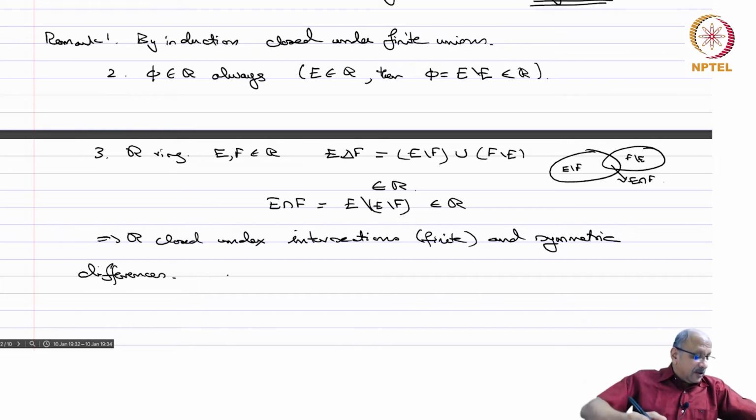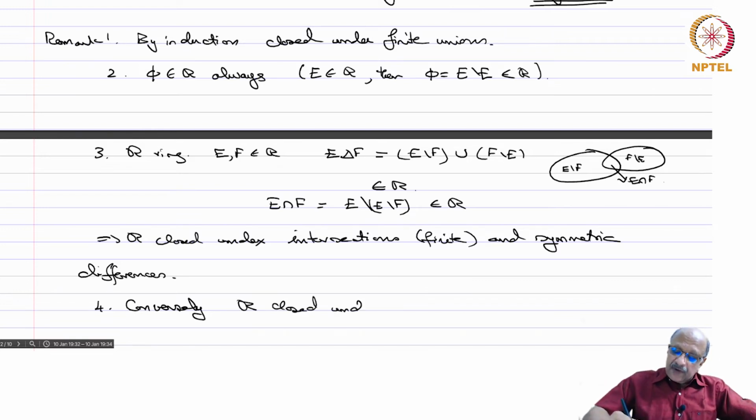Okay, then conversely, if R is closed under the symmetric difference and unions, then it is a ring.